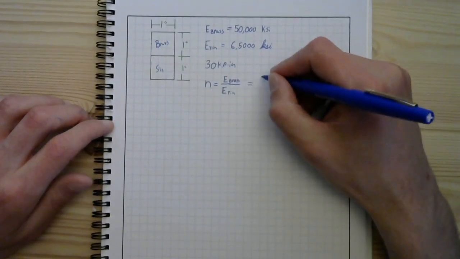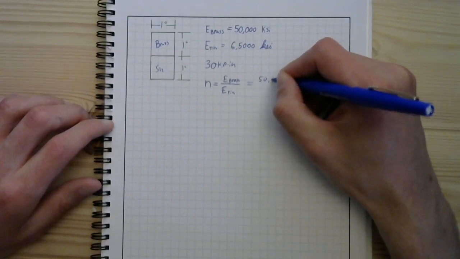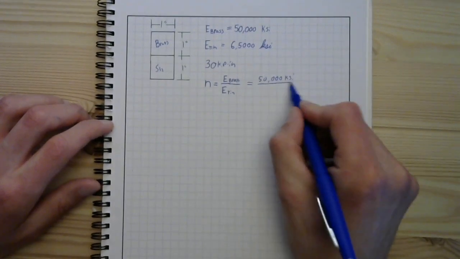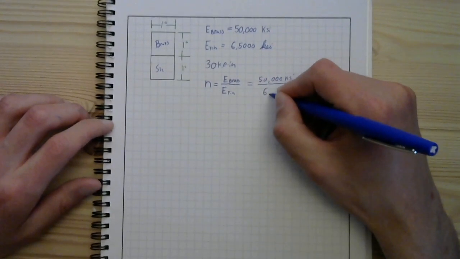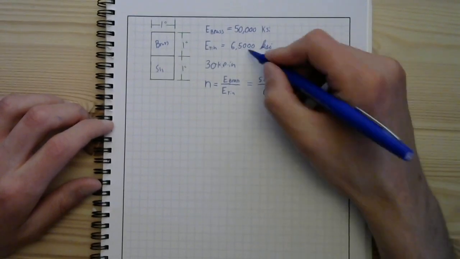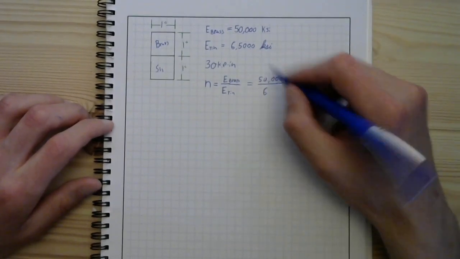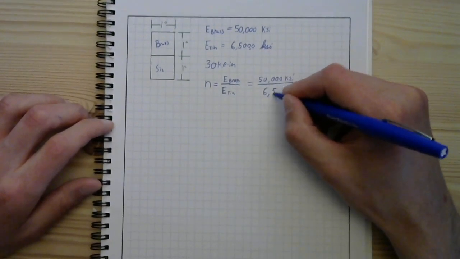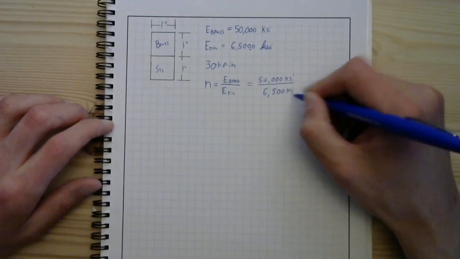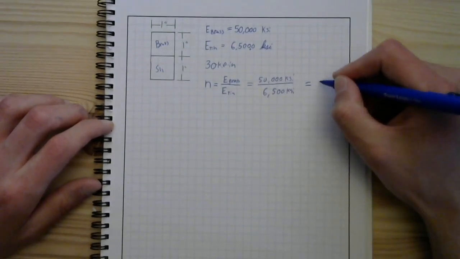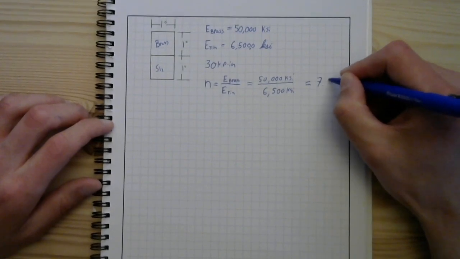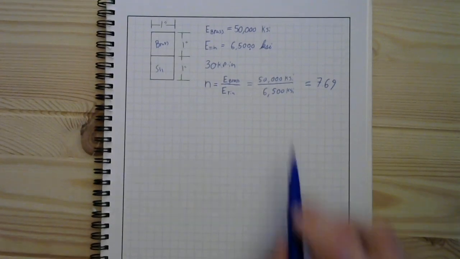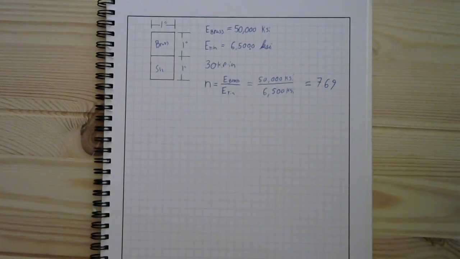That's going to give us that N is equal to 50,000 KSI divided by 6,500 KSI, and that's going to give us 7.69 with no units because we're dividing KSI by KSI. Good. N does not have units.